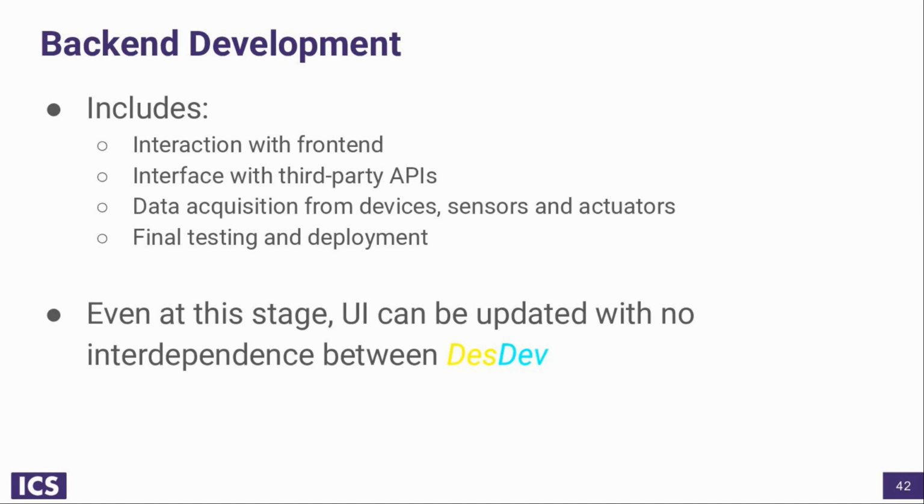But the main thing is, using Design Studio, even at this later stage of development, if there are UI updates required or changes needed at the last stage, which is sometimes difficult to compensate for in the design, it is very simple because there is no interdependence between the designer and the developer.